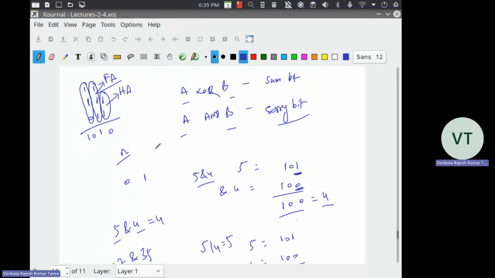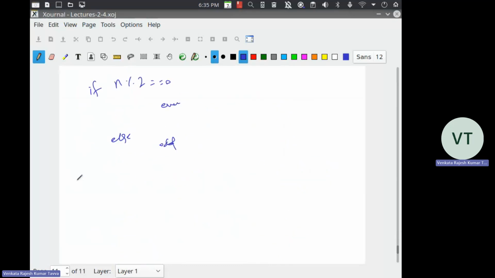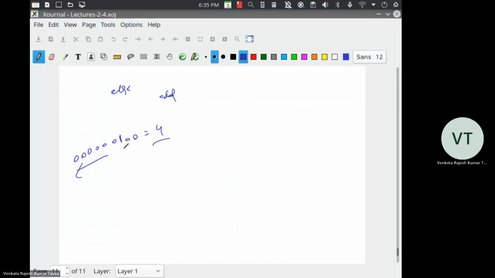But before we leave, let me quickly tell you right shift and left shift. Suppose I have 100, what is this? Number 4. Let's assume I have infinite number of zeros here. It doesn't matter how many zeros I have. If I perform 1 0 0 left shift by 1, which means this 1 will move left, this 0 will move left, this 0 will move left.